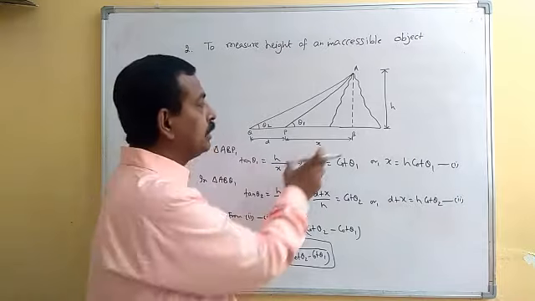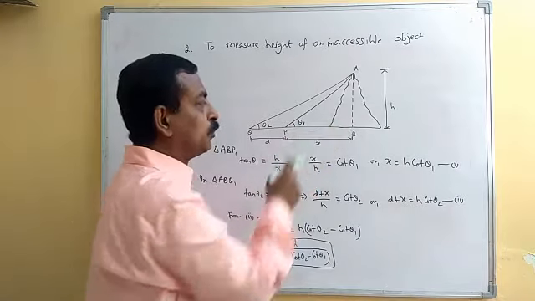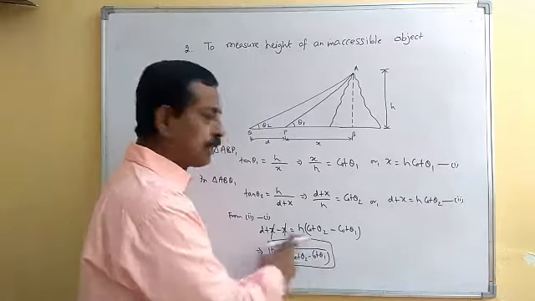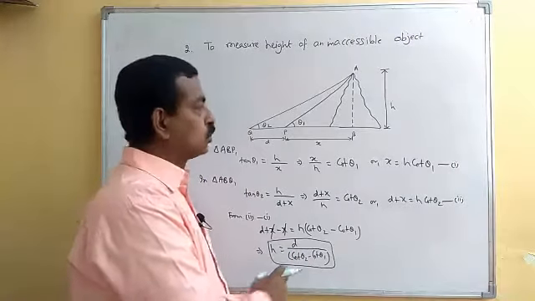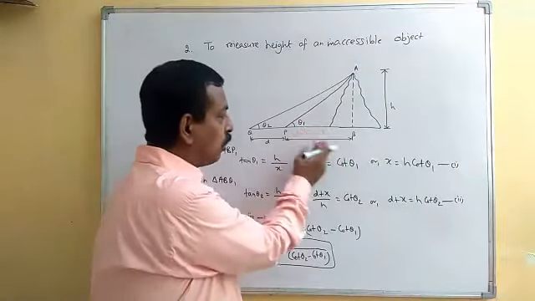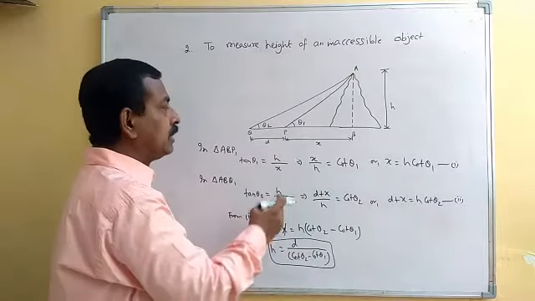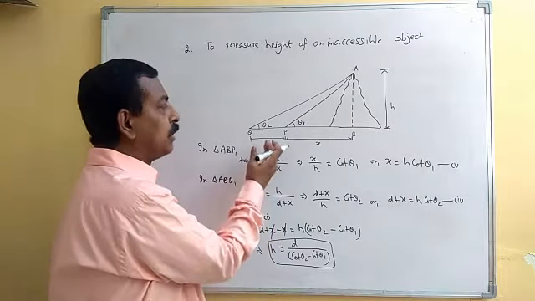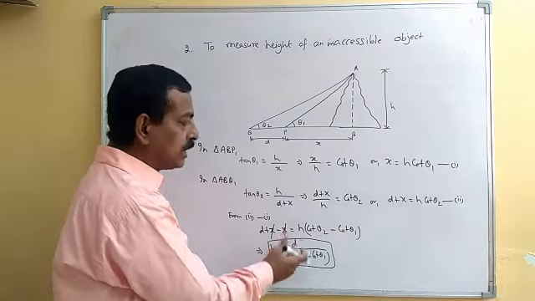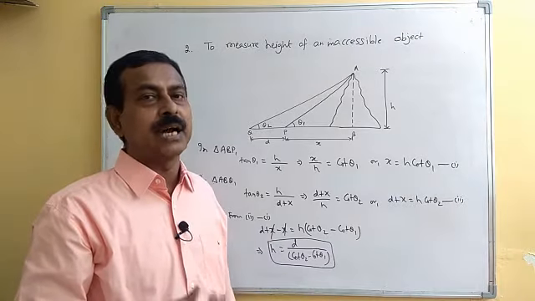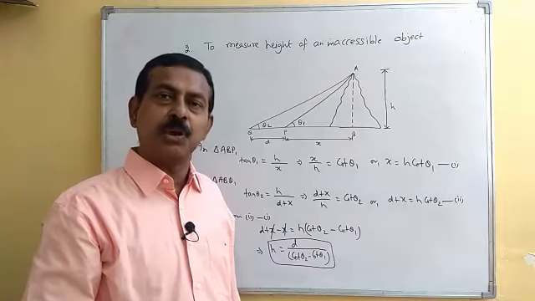Now you can see this x, which we cannot measure, is not coming up in the final result. So as it has been already eliminated by simplification, obviously as x is not there, whatever things are there, we can easily measure them and we can find the value of h. That is the height of an inaccessible object.